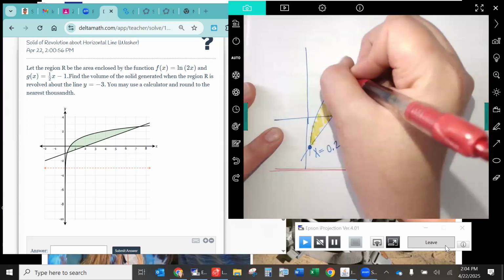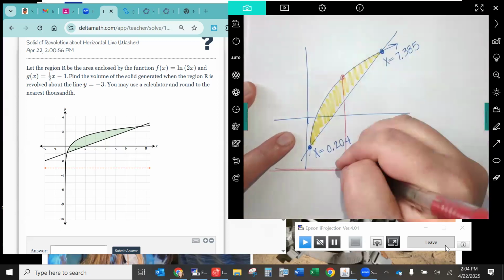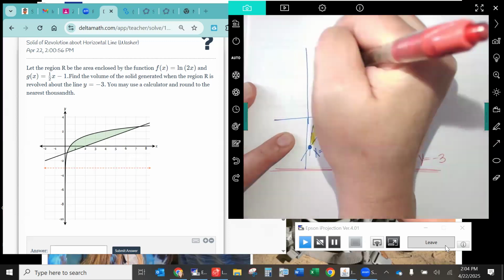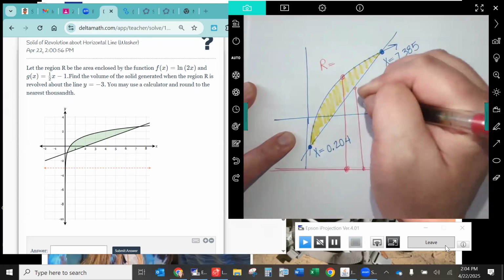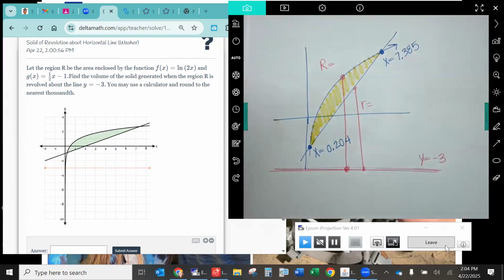So capital R should go from here to here, and then little r should go from here to here. Notice that they both start at the axis of rotation, but big R goes to the farther away function, little r goes to the closer function. But remember, they're both top minus bottom.